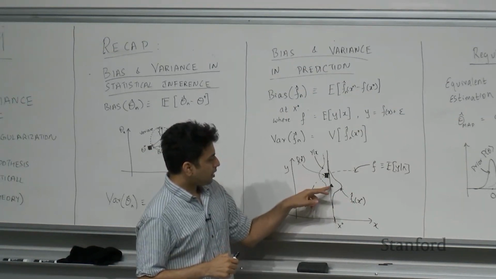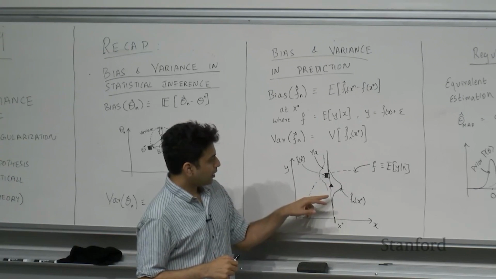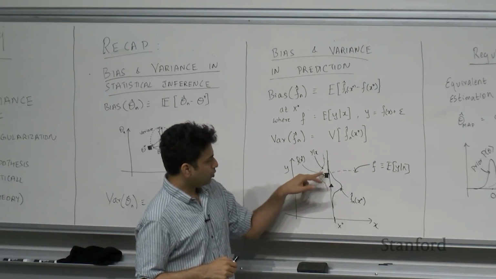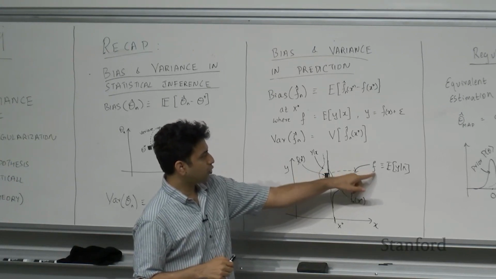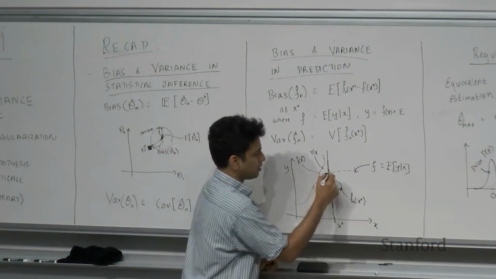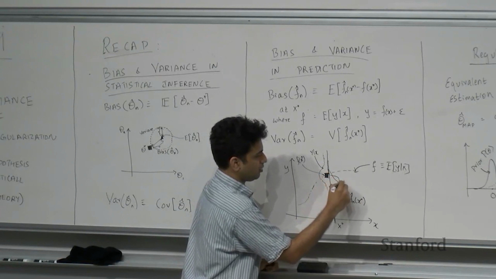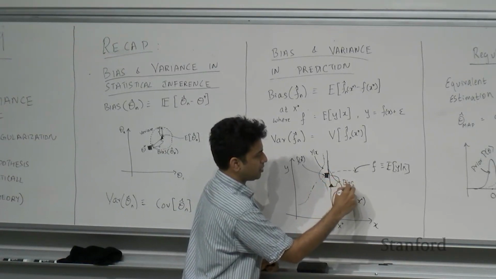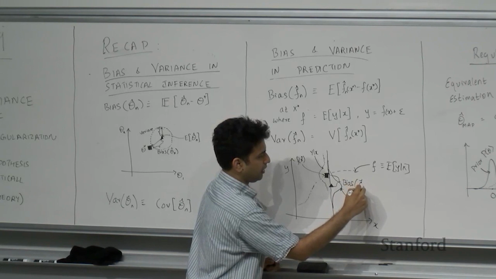And this triangle can in general not be equal to the point at which the true function makes its prediction, right? And this difference is called the bias of f hat n.